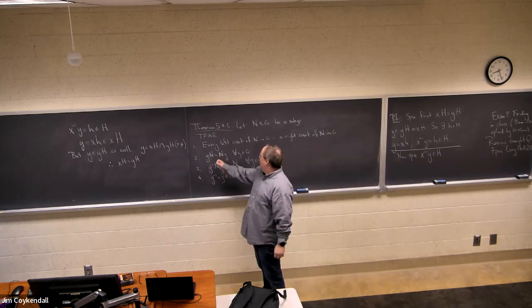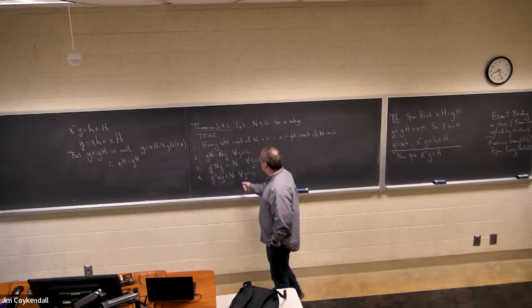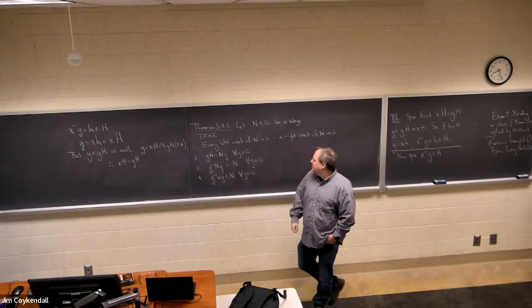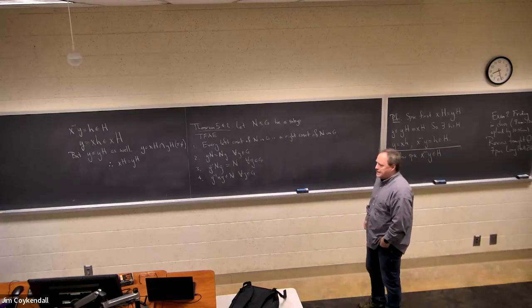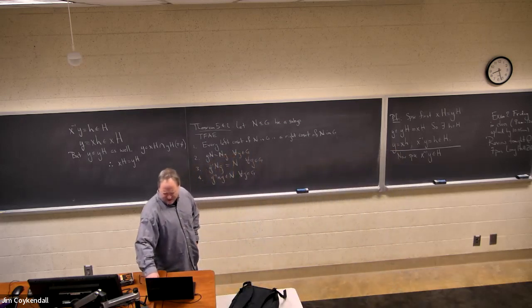What this means is every element of the form gn1 is of the form n g, which means that g inverse n g is n1, which is in N, and these all are equivalent. Okay. Any questions?